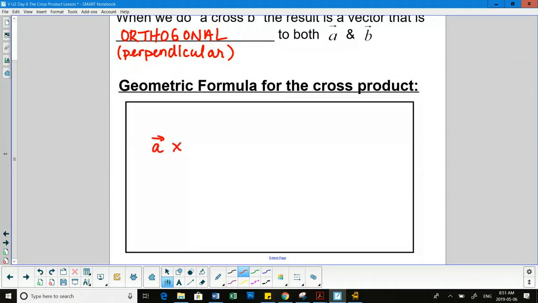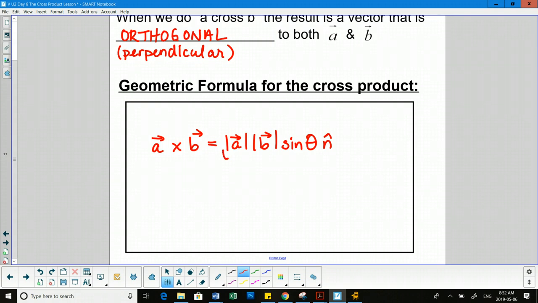So the cross product is actually very similar to the dot product. A couple of little differences. We'll get A cross B is equal to the magnitude of A multiplied by the magnitude of B multiplied by sine of theta, and then we have this little n hat.